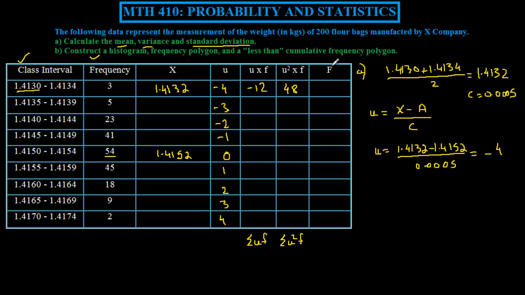This capital F stands for cumulative frequency. So this column would be 3, because that is the cumulative after this interval. After this interval, it's 8, 3 plus 5 is 8. Then we have 23 plus 8 is 31, and so on. The last one should be 200, because there are 200 flour bags.